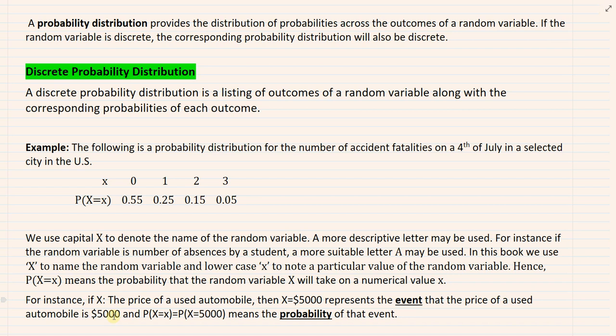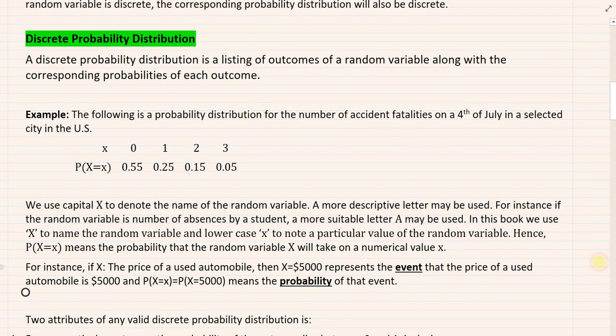Notice there's no probability next to that. That's just the event that the price of a used automobile will be $5,000. Once we put P and parentheses outside of that, then this becomes a probability statement, and it means we want the probability of that event.